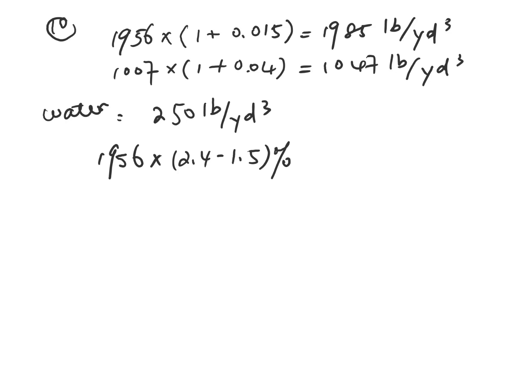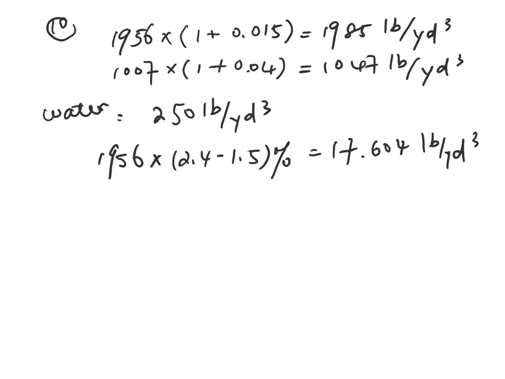And if you calculate this value, it's about 17.604 pound per cubic yard of concrete. And this is the water needed by the coarse aggregate in order to achieve the SSD condition.